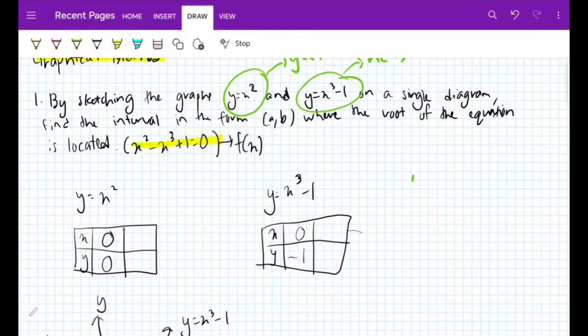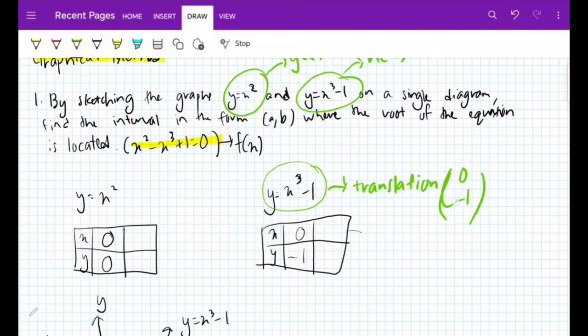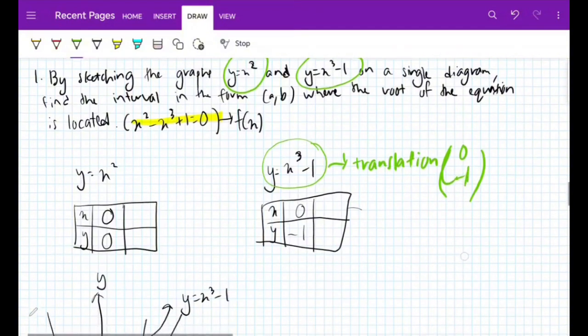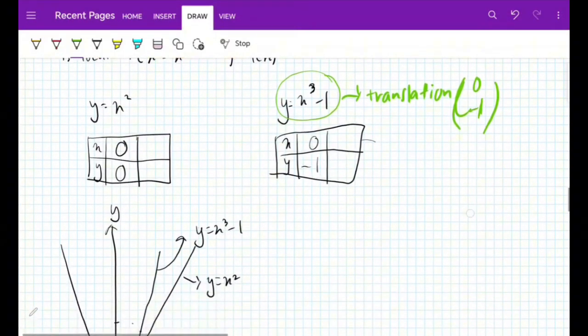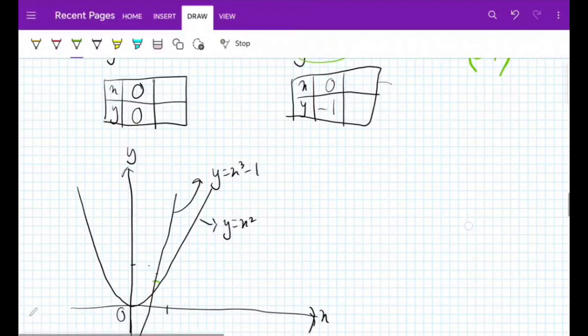For the cubic graph, we substitute x equals 0 and we get y equals negative 1. From this, we know that this graph has undergone a translation, lowered by 1 unit. This is just information about the graph. Now let's plot the graph.